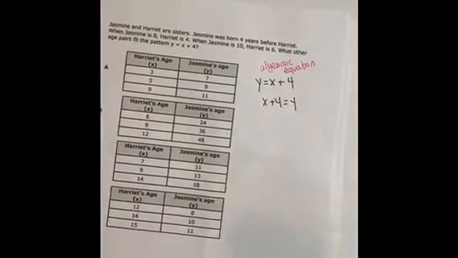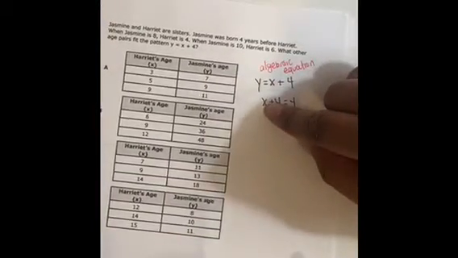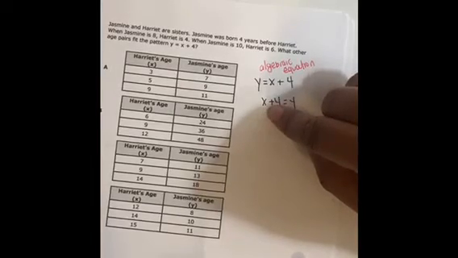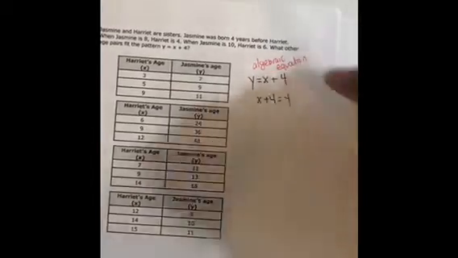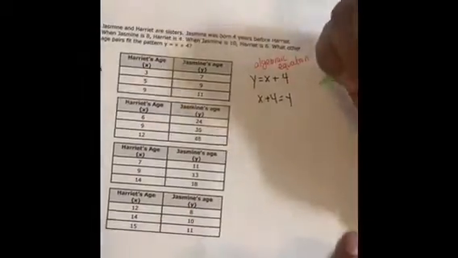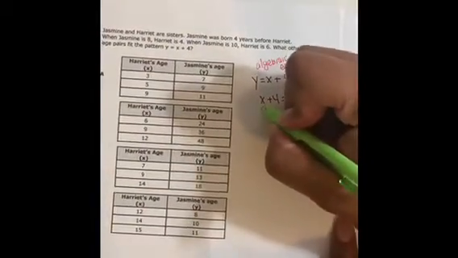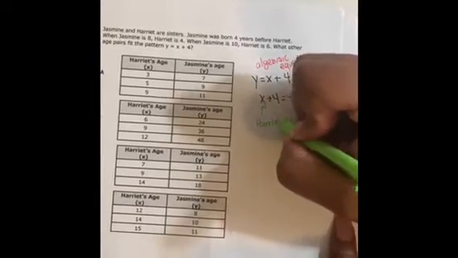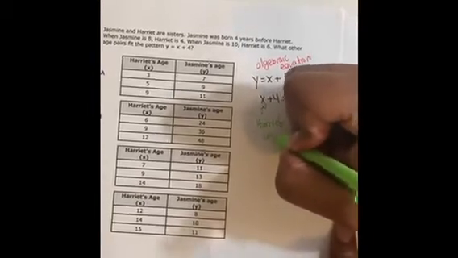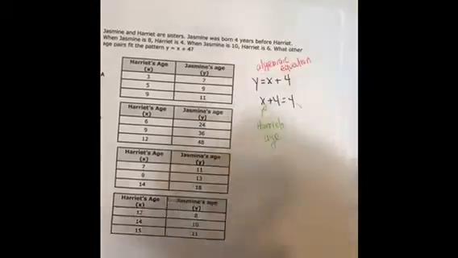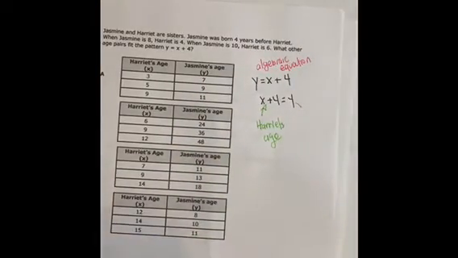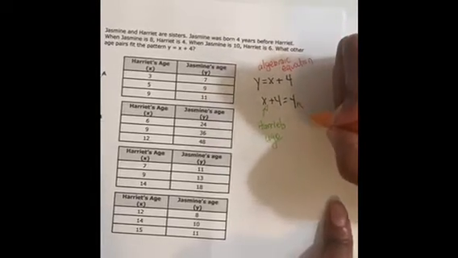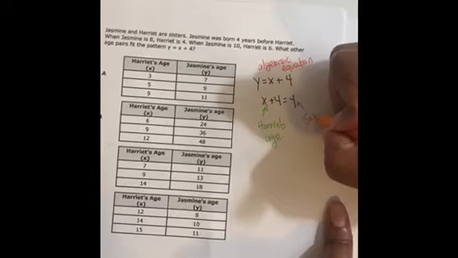So notice x in this problem represents a certain age. It's going to represent Harriet's age. Okay, so x represents Harriet's age. And y, let's do that with another color. Y is going to represent Jasmine's age.